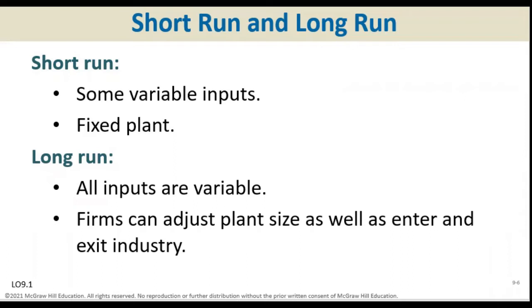So one of the primary characteristics of the long run is that it's enough time for the firm to do whatever they want to do to adjust to the market, right? Enter or exit the industry, for instance. And they can change the capacity, they can change the size to be able to adapt to the needs of the market.